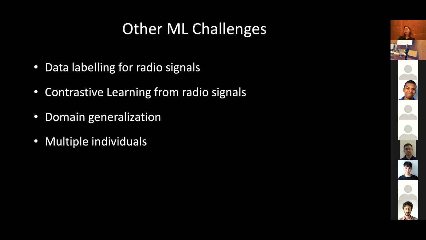But if you take a wireless signal, it's not that just one person is sleeping in the bed, there is a couple sleeping in the bed. How do you separate the sleep of this person from the sleep of that person? All of this and more you have to think about, and we have started touching on all of these subjects and developing machine learning that works in this environment.